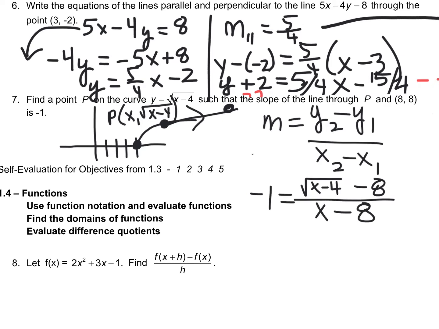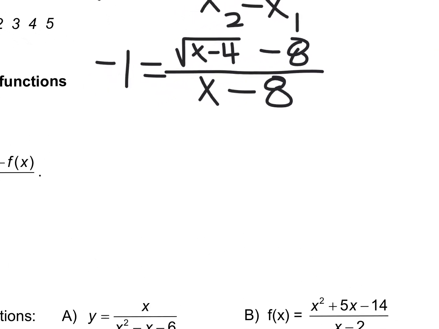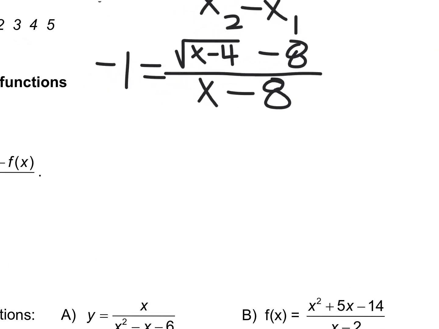And now I'm going to go ahead and try solving. So working through solving this. Give myself some room here. I really don't see anything other than multiplying by x minus 8. And so when I multiply by x minus 8 on both sides, it's going to look like this. I have x minus 8. Let's cancel. x minus 8 here.